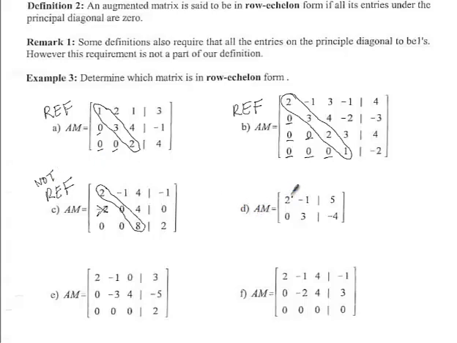D is a small one. It's a 2 equation, 2 unknown matrix. And our principal diagonal is 2, 3. And we only have 1 entry below the principal diagonal, and it is 0. So this matrix is in row echelon form.